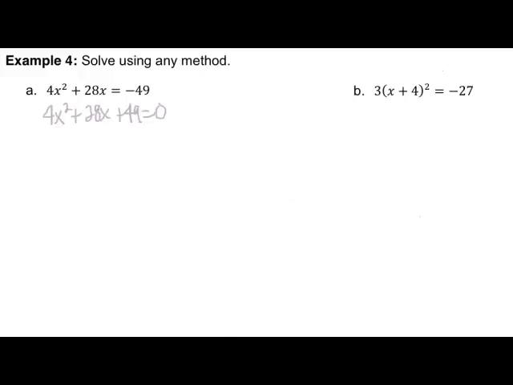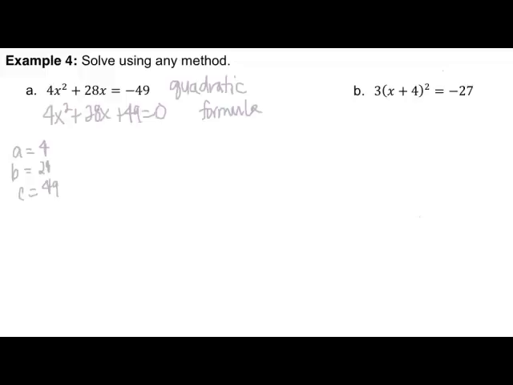And the last method I'm going to show you is the quadratic formula. Again, the quadratic formula works for all quadratic functions. So we first need our a, b, and c values. So a is 4, b is 28, and c is 49.